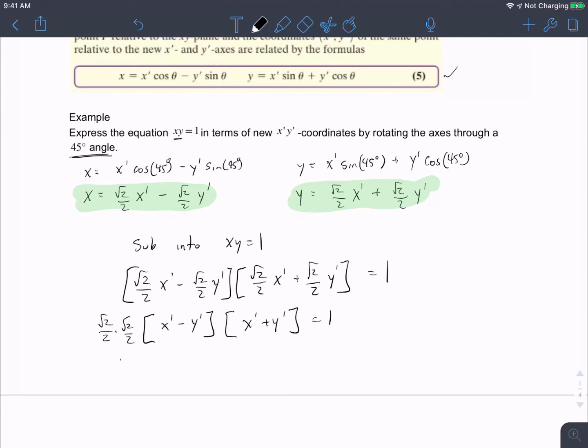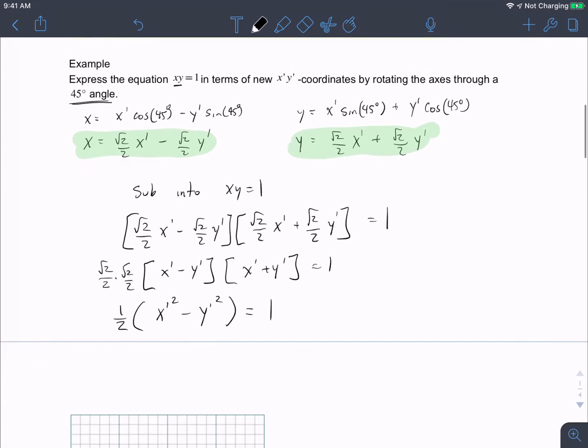That simplifies to 1/2 times the inside piece, x prime squared minus y prime squared, equal to 1. Then we can write this as x prime squared over 2 minus y prime squared over 2 equal to 1. And this is our equation.